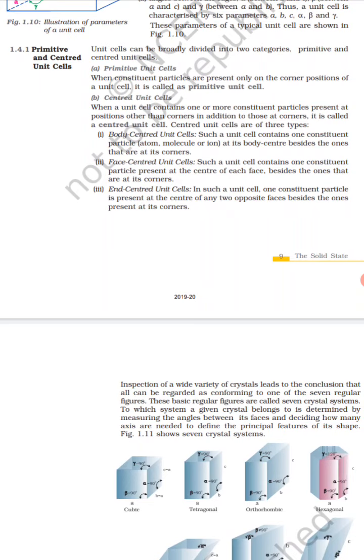When the constituent particles, that is atoms, molecules, or ions, are present only at the vertices or corners of the unit cell, it is called primitive unit cell.